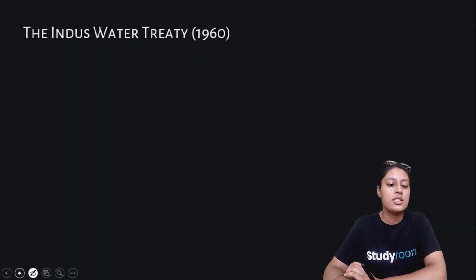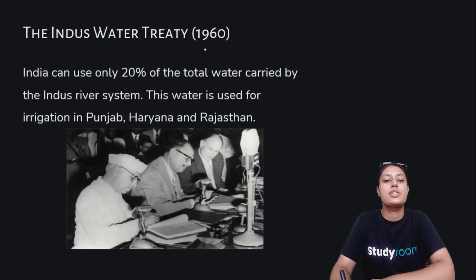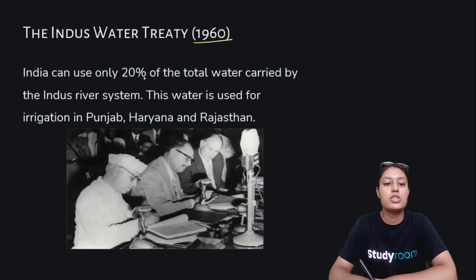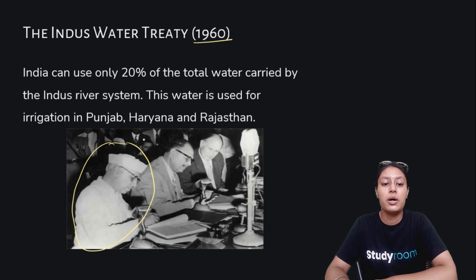Now we'll understand the Indus Water Treaty, which happened in 1960. The Indus Water Treaty was made between our then Prime Minister Nehruji and Ayub Khan, who was the president of Pakistan at that time.